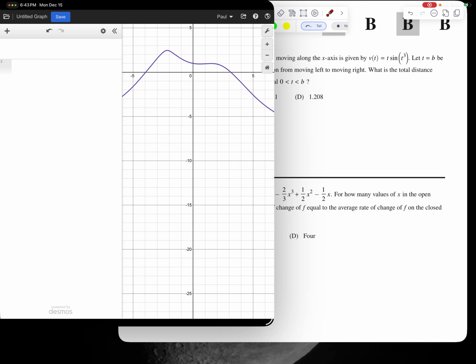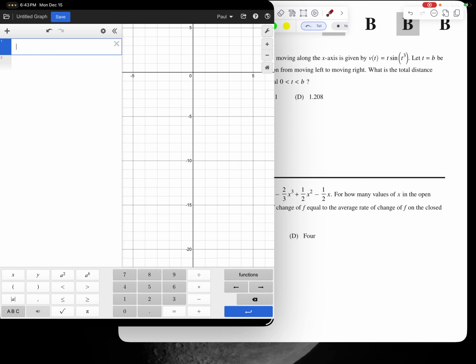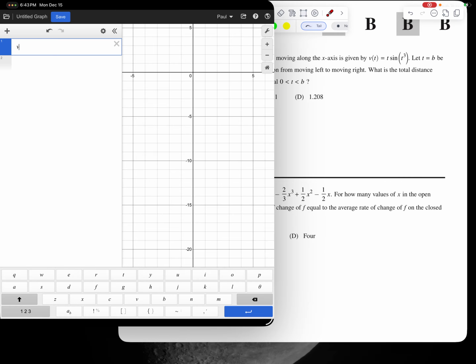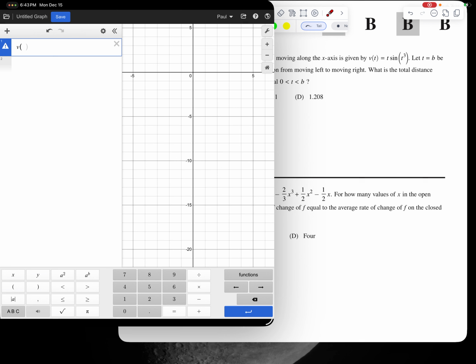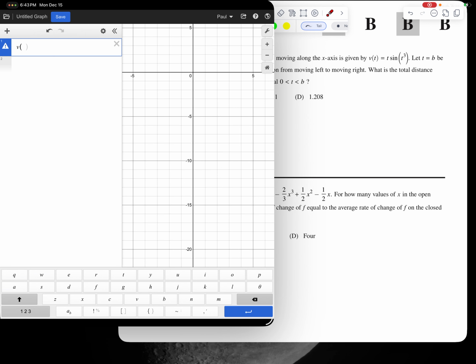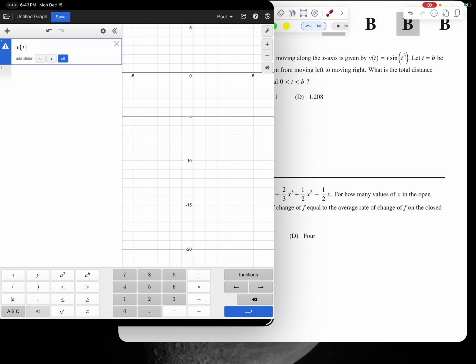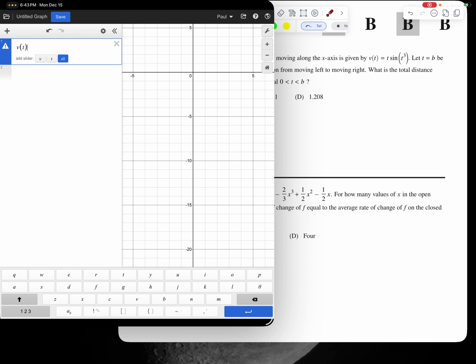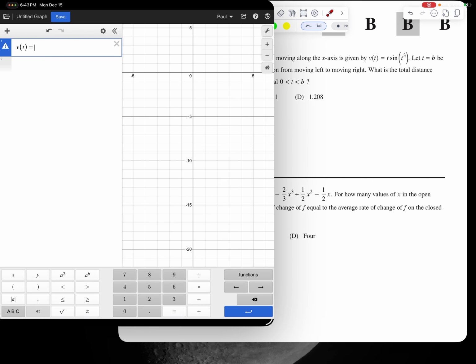Okay, get rid of this distracting stuff from Desmos. I am just going to put v of t in here. Yes, I could use f of x and x, but I like being able to use different letters.